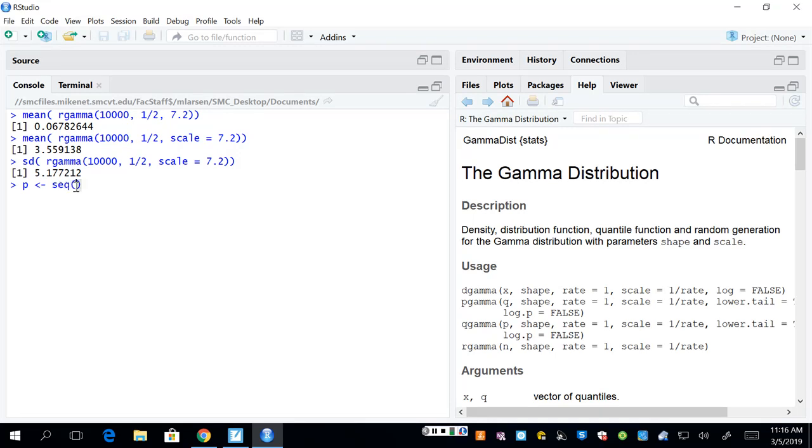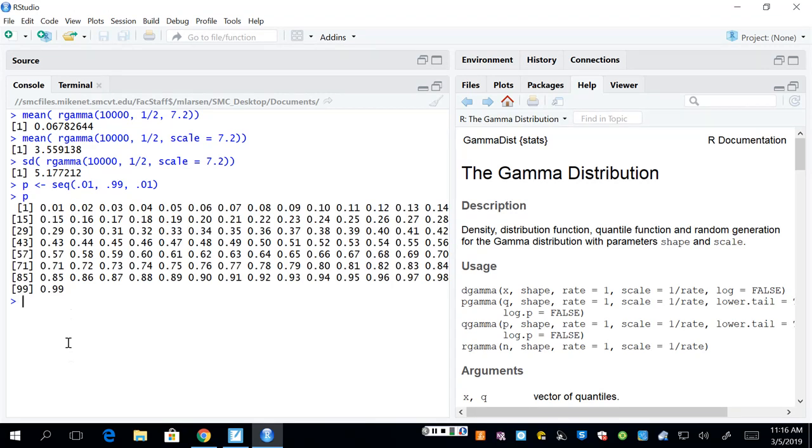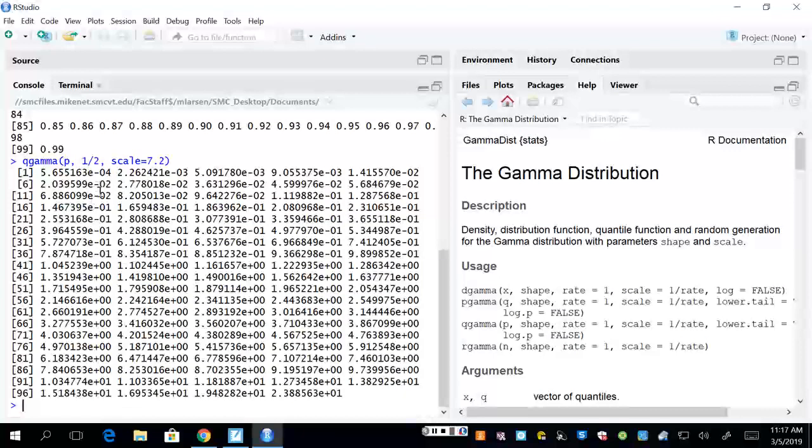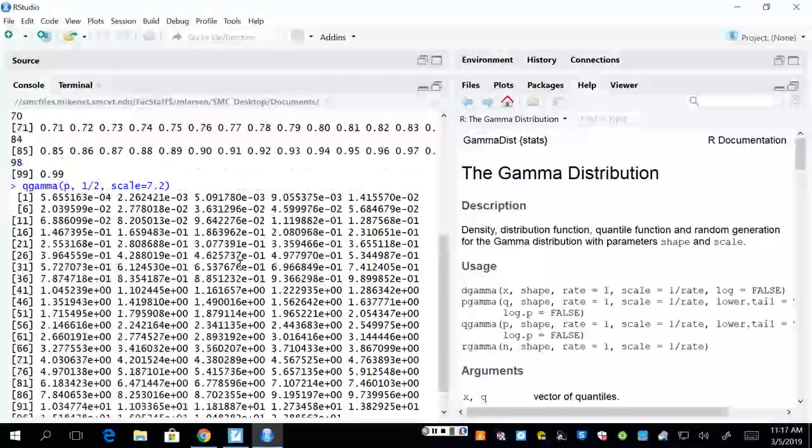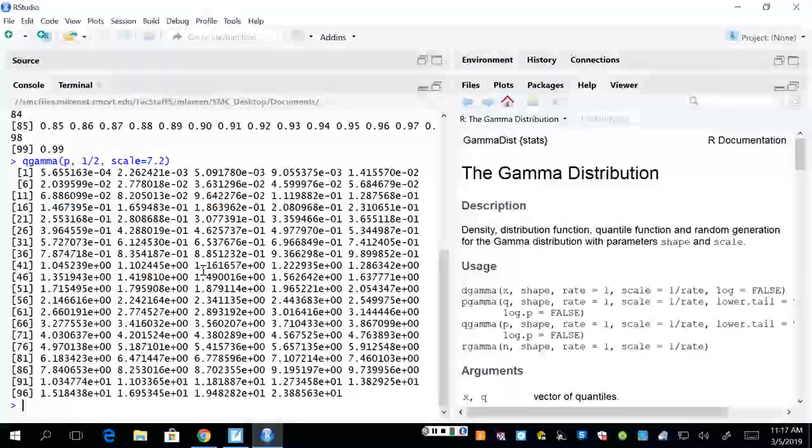Let's generate a bunch of probabilities that go from 0.01 up to 0.99. So this p is just all these different percentiles. And we can do quantiles for a particular gamma distribution by using this qgamma function. So I'm going to put my 1/2 here and my scale equals 7.2. Those values start out very small and they're going to get bigger, and are the corresponding percentiles.